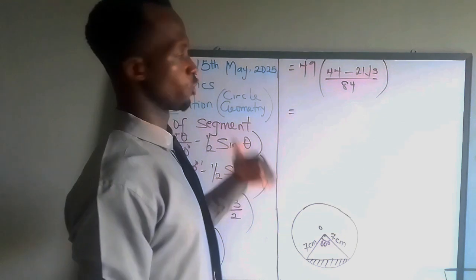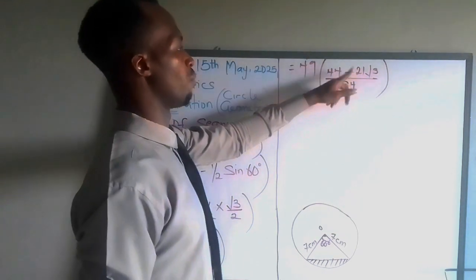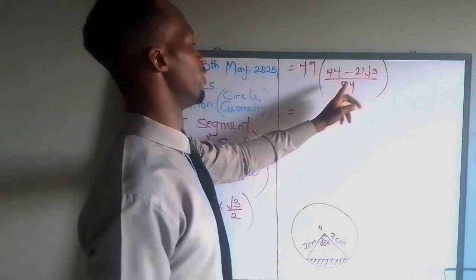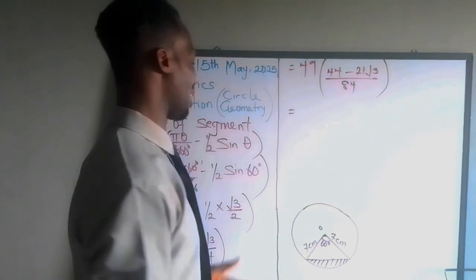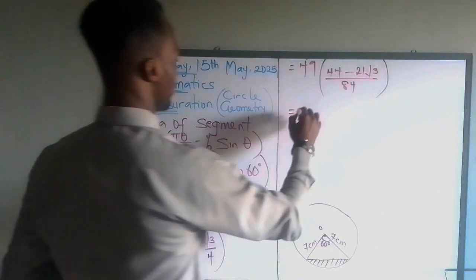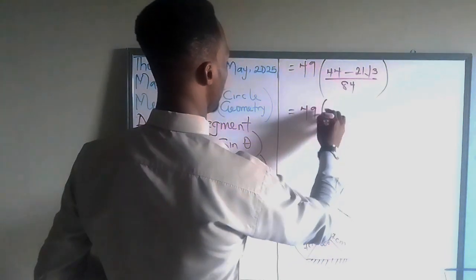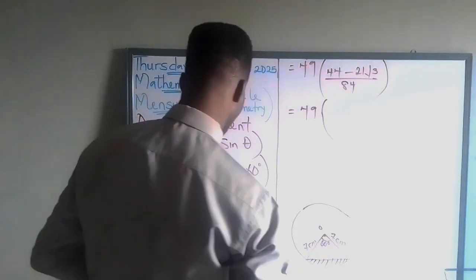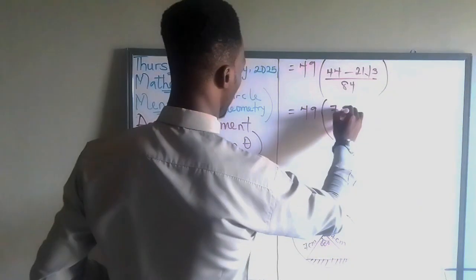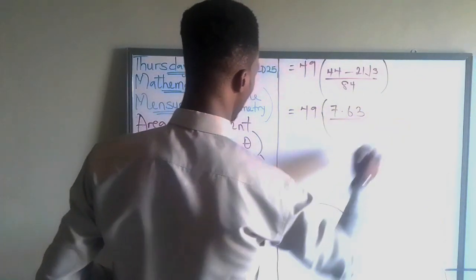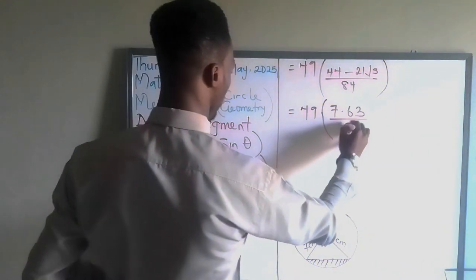Alright, so we solve 49 into 44 minus 21 root 3 over 84. So like I said, use your calculator. So here we have 49 times, 44 minus 21 root 3 will give us 7.63 approximately, divided by 84.